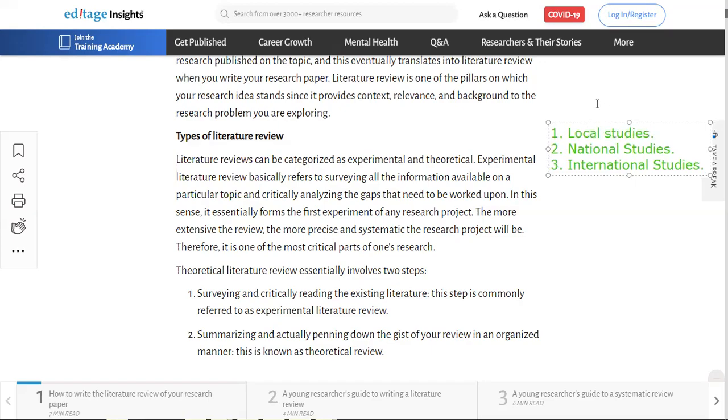The local studies are going to tell us, for example, some issues that have been discovered at, maybe, Universidad Industrial de Santander, or something here at the Universidad de Pamplona, right?